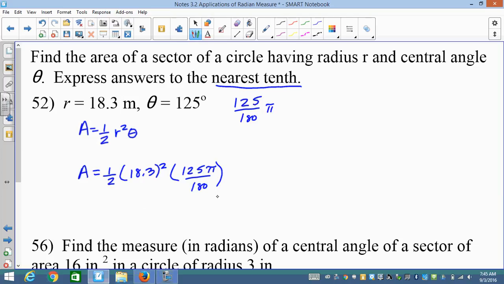All I can say on this point is be very, very careful in how you're putting this into the calculator. The 2 and the 180 are in the denominator. Everything else is in the numerator. You might want to multiply everything on the numerator and then divide by 2, then divide by 180. Be very careful in the order you do things. Remember, the calculator will do PEMDAS for you.